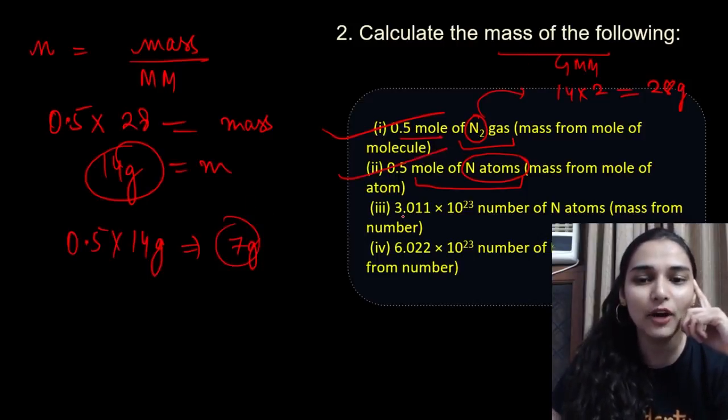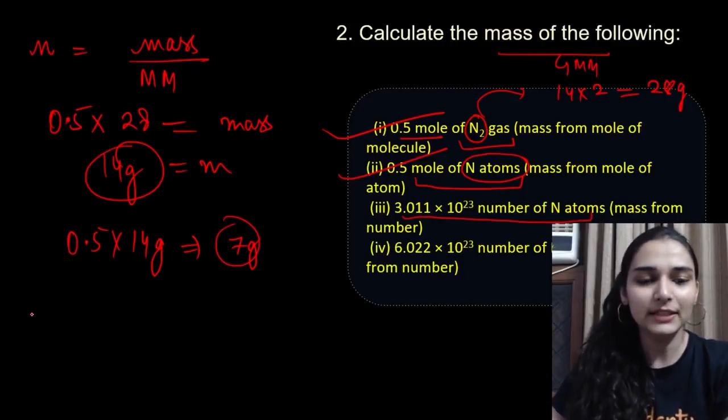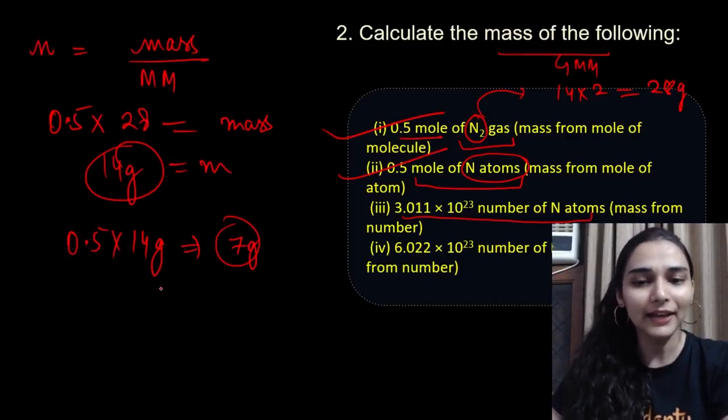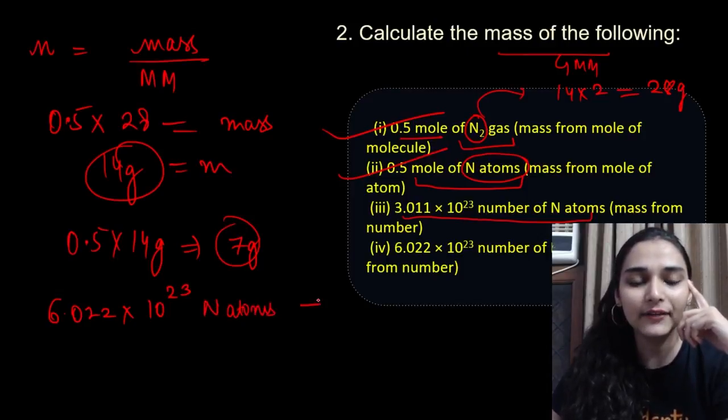Calculate the mass of these many particles of nitrogen atoms. Use the formula, directly formula भी कर सकते हो, ठीक है. Otherwise you can use the simple unitary method. I know that Avogadro number of particles 6.022 into 10⁻23 number of nitrogen atoms will be having a mass equal to its gram atomic mass.